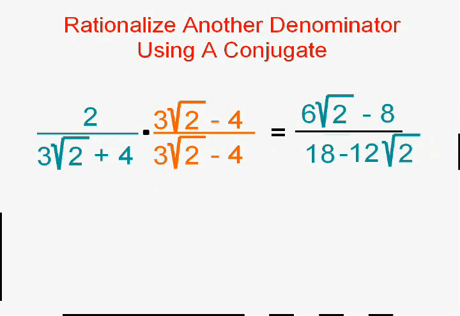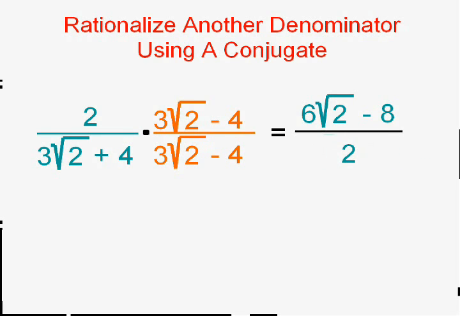And we have a little bit of bad news because we have a radical temporarily. Now let's use the power of the conjugate and multiply the 4 by 3 radical 2. And of course, that's why we did the conjugate. It'll get rid of it, won't it? Okay. And finally, 4 times minus 4 is minus 16.